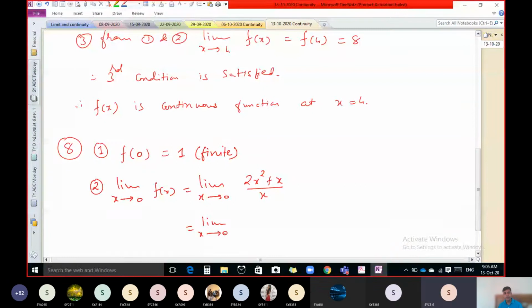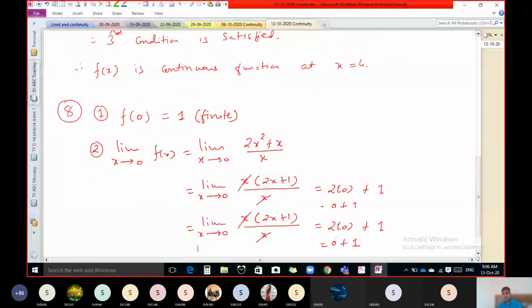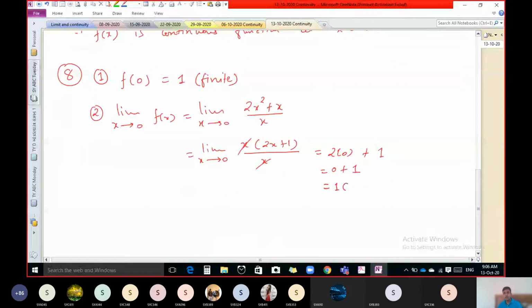Yes, sir. We can take x as common, and (2x plus 1) upon x. Correct, you are right. And cancel this. Now put x equal to 0. So 2 into 0 plus 1, obviously this is 0 plus 1. So my final answer is 1, which is also finite. So second condition is also satisfied.